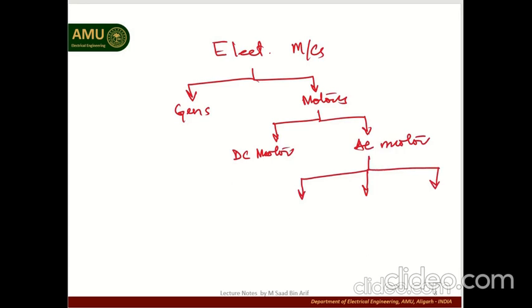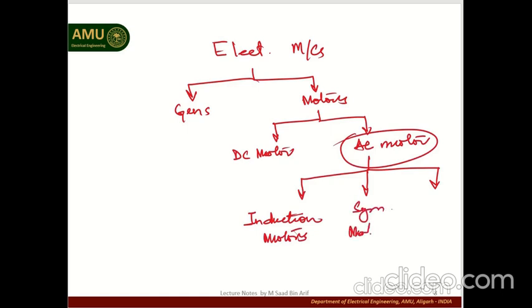We can categorize AC motors into three main categories. The first one is induction motor. Second is synchronous motor. And the third one can be special motors.